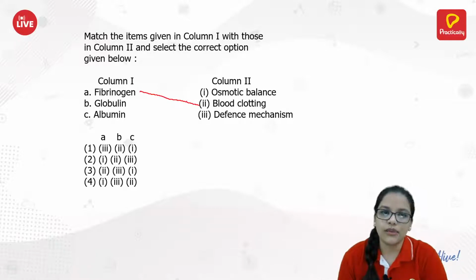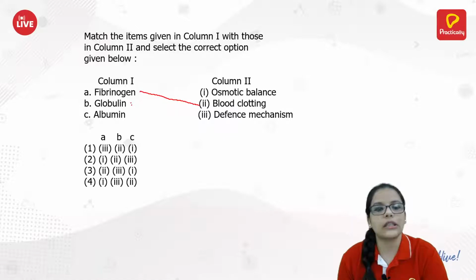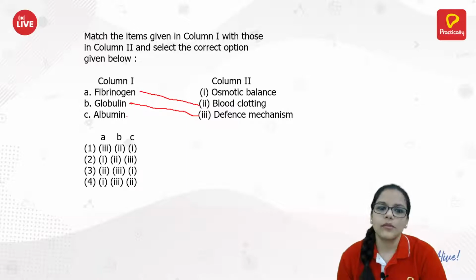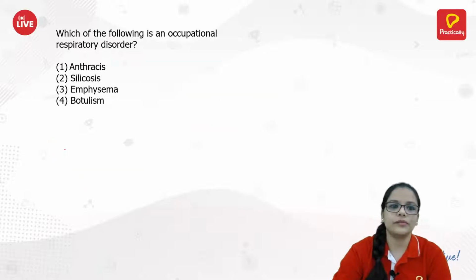That is a blood clotting factor. Globulin, on the other hand, is immunoglobulins, like immunoglobulins A, G, M, etc. That is the defense mechanism. And albumin is osmotic balance. A2, B3, C1. Answer is 3.